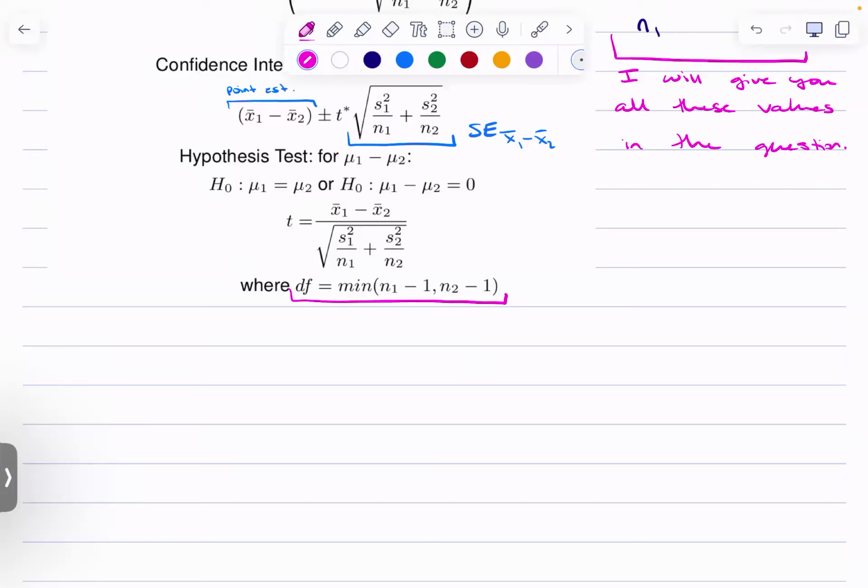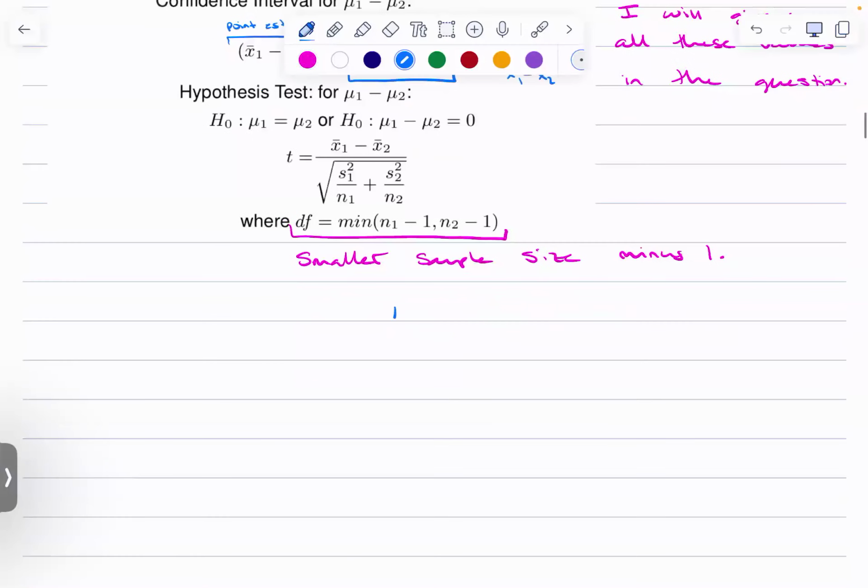That was an honest mistake. I wasn't trying to trip you up. So it's the smaller sample size, smaller sample size minus 1, is really what it's saying. All right. I'll do the example that I managed to muck up. The minimum of 2 or 5 is equal to 2.